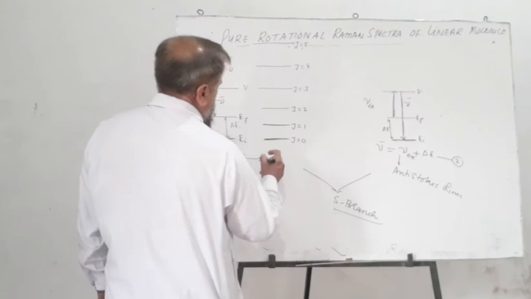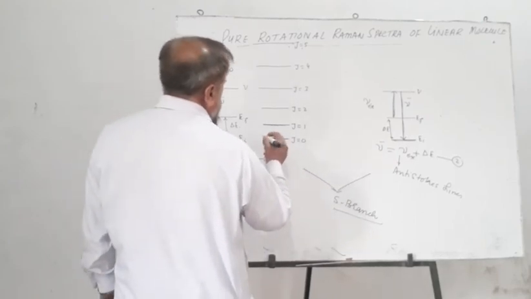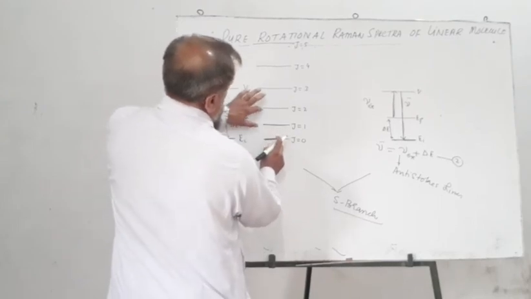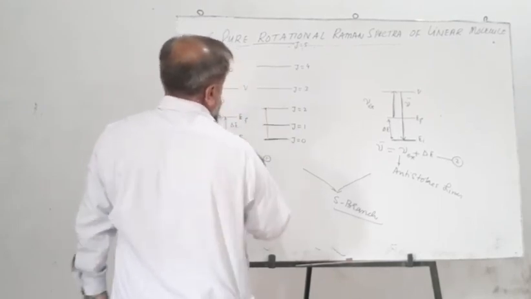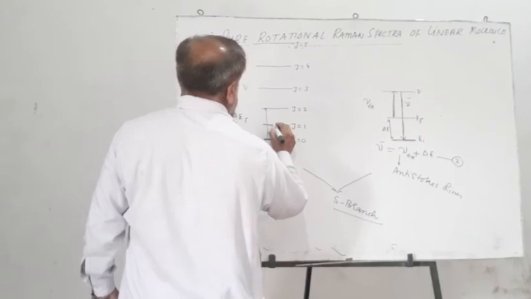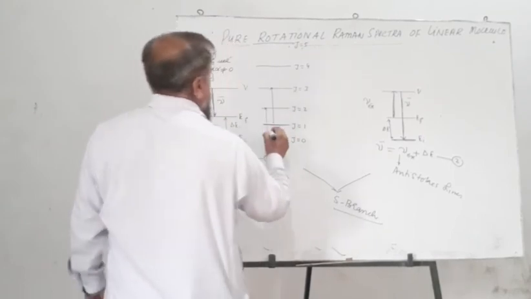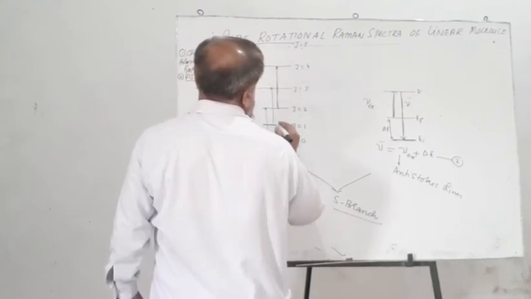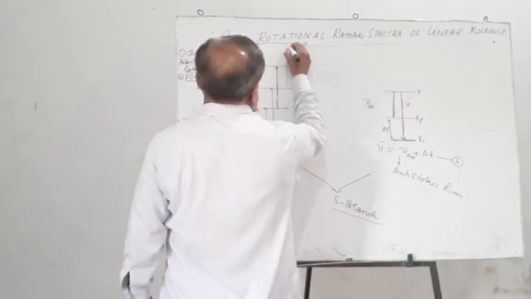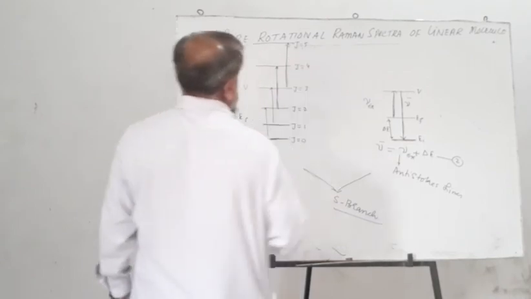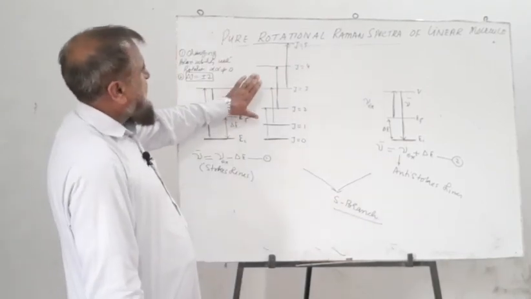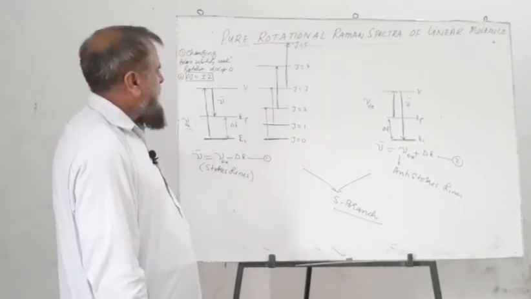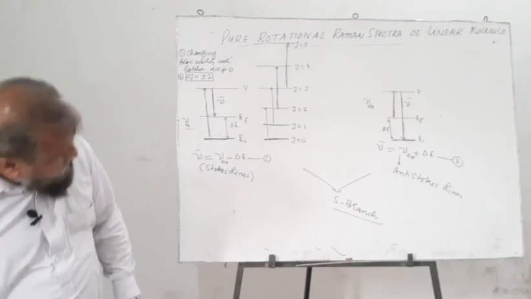So the allowed transitions in this case will be from J is equal to 0 to 2, J is equal to 1 to 3, J is equal to 2 to 4, or J is equal to 3 to J is equal to 5. These are the allowed transitions for a molecule undergoing rotation.